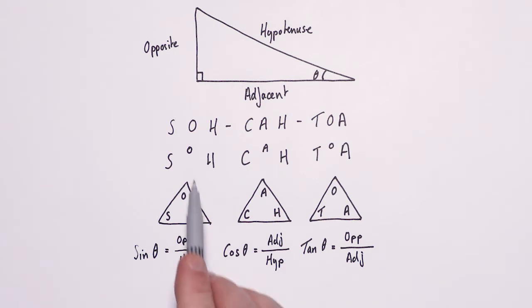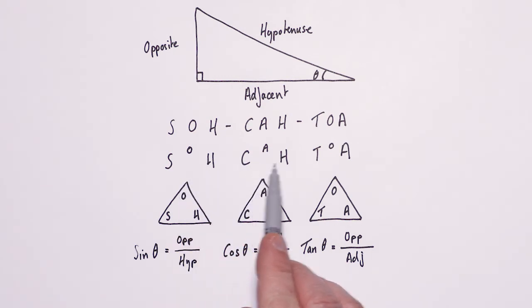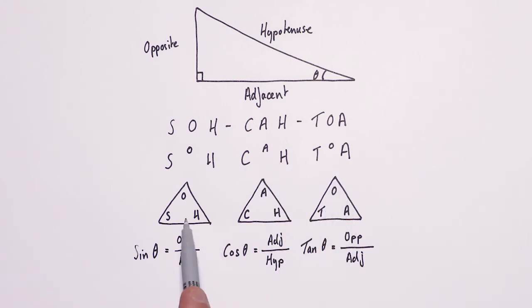After that, you raised the middle letter of each part of Sohcahtoa, which enabled you to write these triangles. These triangles contain S, C and T. And S, C and T stand for sine, cosine and tangent. These are the mathematical functions of the angle which relate it to the lengths of the other two sides.